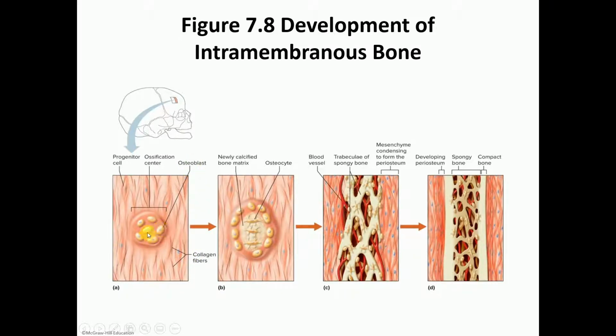So you see them now changing into osteoblasts. They will start depositing collagen fibers and inorganic salts. When they do that, they are now called osteocytes. You can see them now housed in the lacunae. While the mesenchymal cells on the sides are going to develop into the periosteum. And now you can see the bone in the middle with the periosteum surrounding it.